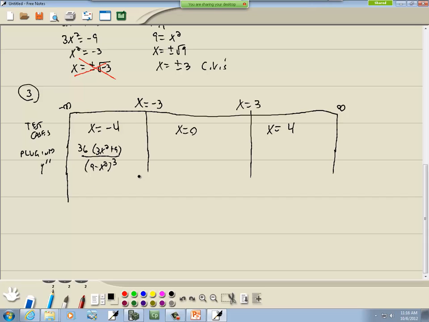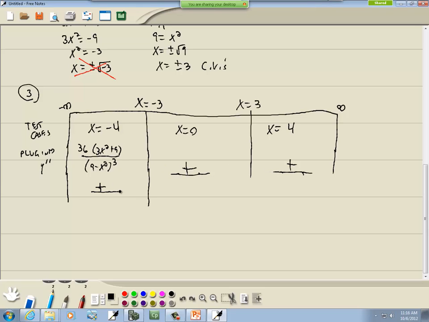Let's analyze this a little bit. 36 is positive. X squared becomes positive, whenever you square something, it's positive. Positive times 3 is still positive, plus a positive 9 is positive, times a positive 36 is still positive. So I don't need to worry about the top part. It's going to be positive in all these. All I need to worry about is the bottom part.